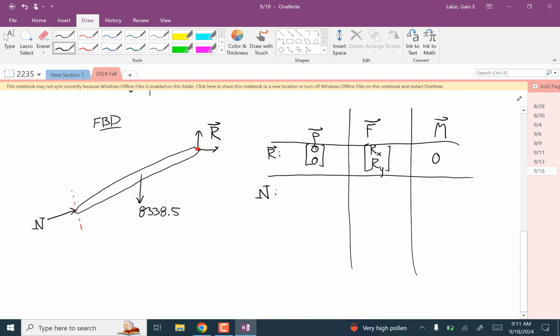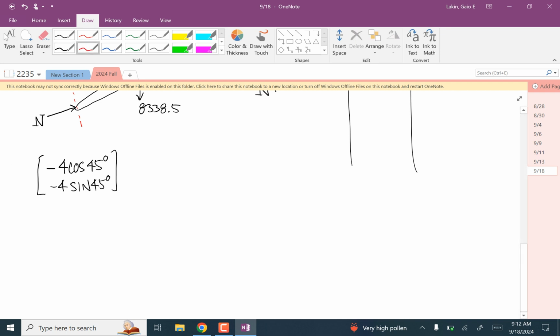That angle is 45 degrees. The length is 4 meters. And so this is going to be negative 4 times cosine of 45, and then this is negative because it's in the third quadrant, negative 4 times the sine of 45 degrees. You could also think of that as, draw out your coordinate system. We want a vector like this.